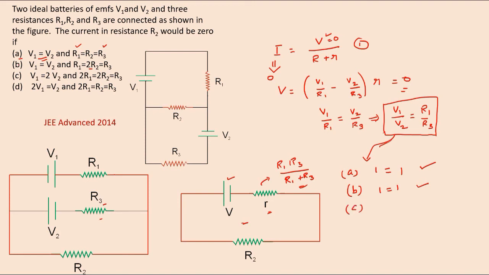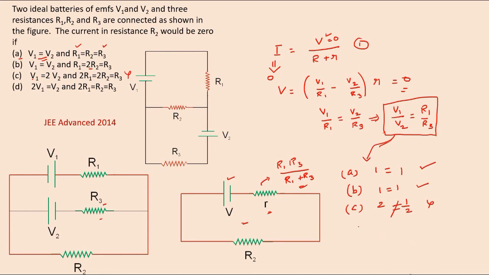Now option C. You see here carefully, V1 is equal to 2V2, so V1 by V2 is 2. And 2R1 is equal to R3, so R1 by R3 is half. So not equal. So option C is not the condition for no current through R2.